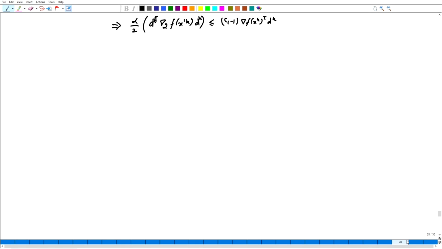Okay. All right. So, what does this actually tell you? It tells you that if you choose an alpha which is less than or equal to C 1 minus 1 del f of x k transpose d k divided by d k transpose del 2 f of x dash k d k, then Armijo's condition is actually satisfied, is not it.